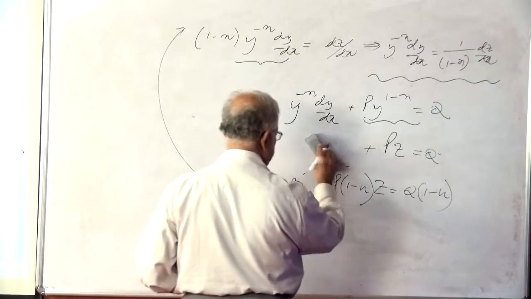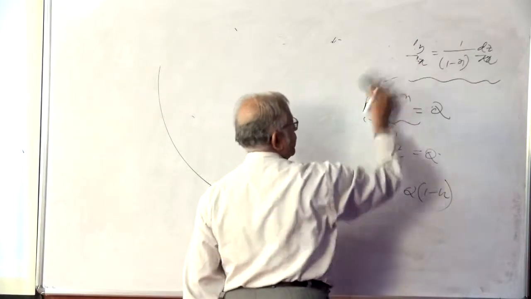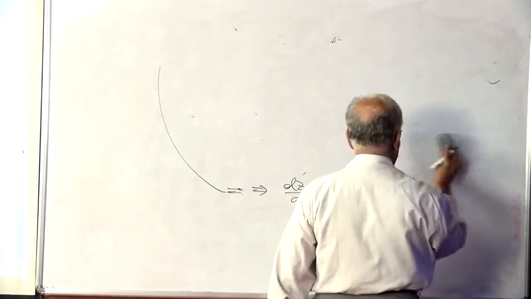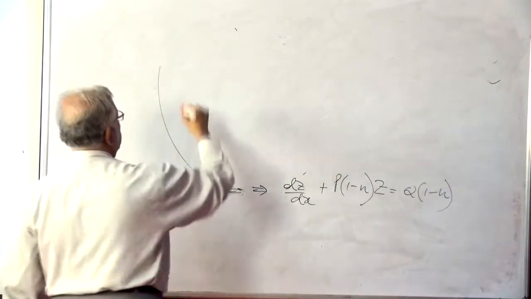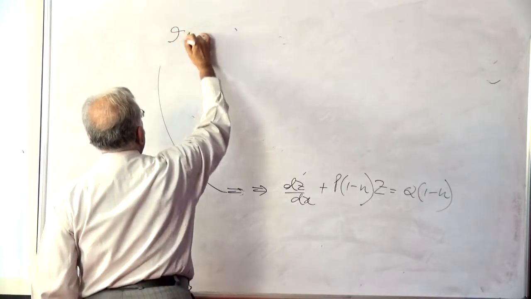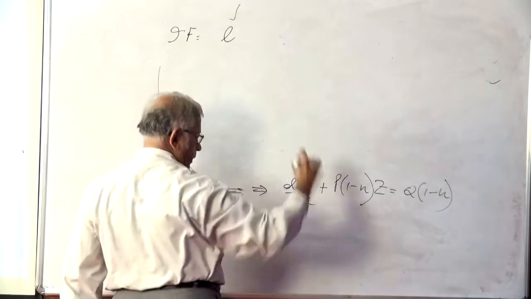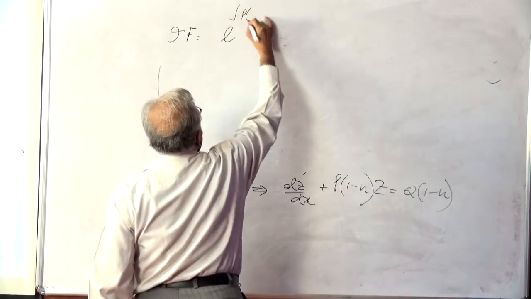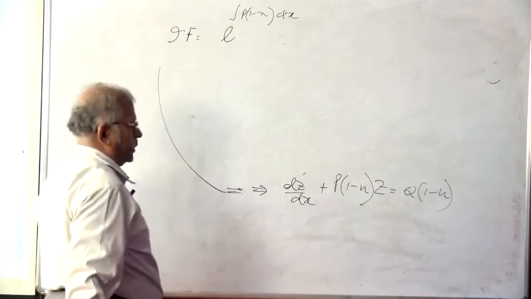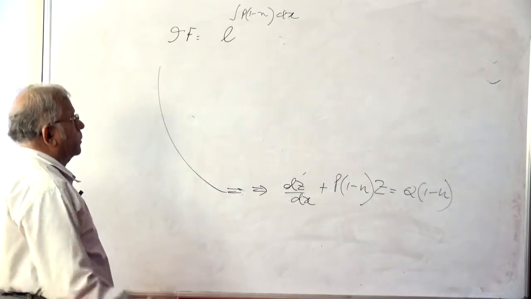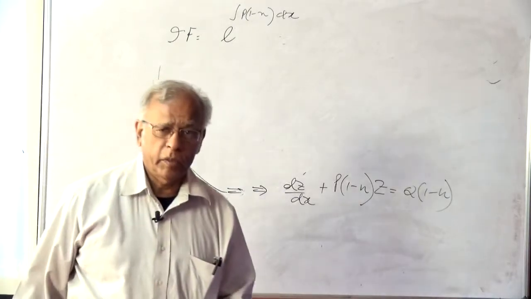If we see this equation on a standalone basis, and if we recall what we have done earlier, then the integrating factor for this particular equation is e to the power of integral P 1 minus n dx, integrate with respect to x. That's it. Once we do this, the equation can be solved by whatever methods we have been doing so far.